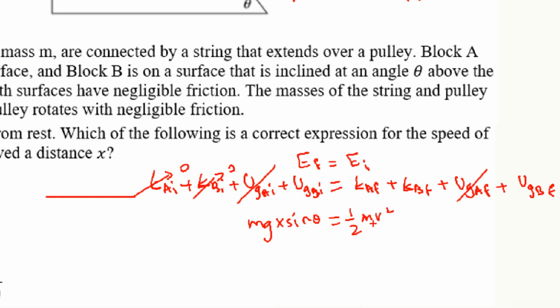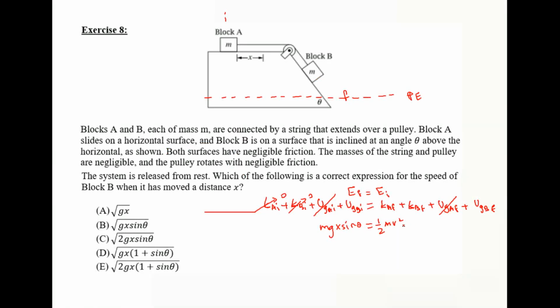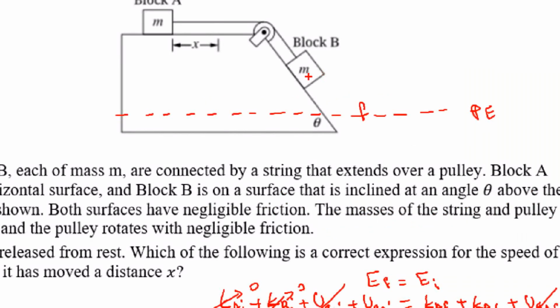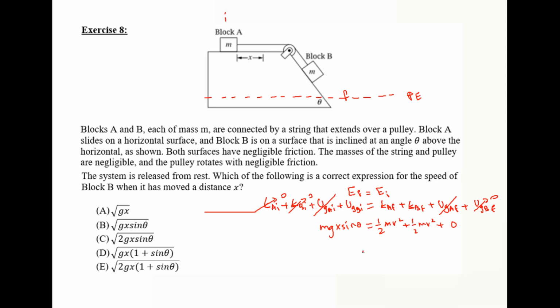Notice that here I didn't differentiate between the masses of A and B simply because they each have mass m, plus half mv squared, plus 0, because as the block B moves down to the PE level of my choice, that would be 0, which means mg x sine theta. Now half plus half gives us 1, that would be mv squared. M with M, they cancel, then the speed is given by the radical of g x sine theta, which makes B the correct answer.